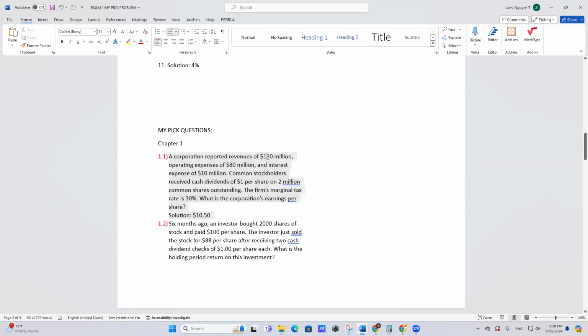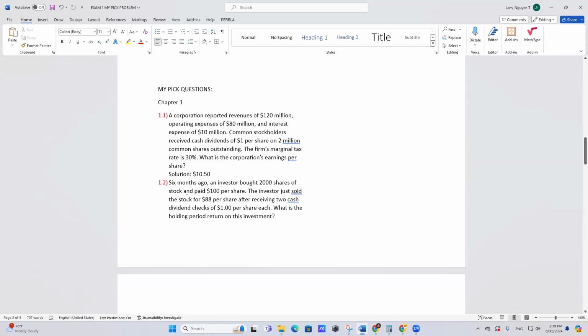Let's see here, real quick. 120 minus expense, minus interest expense, right? And then divide by common shares, is cash dividend. I'm not sure if you have to minus dividend as well. I forgot about that part, but there's some formula that you could use. Make sure you know how to find earning per share. I think she's gonna throw 1 in there. Just pick up some free points.